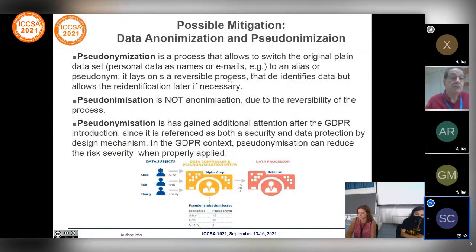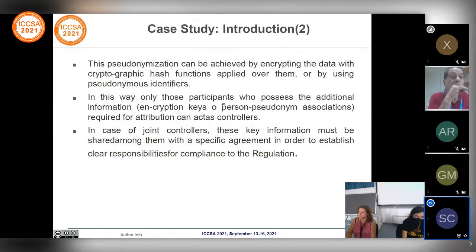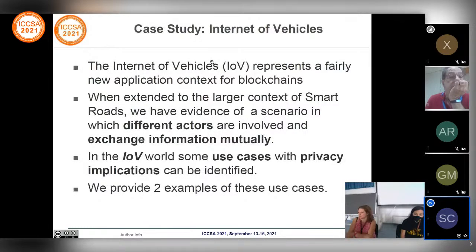In particular, we considered a case study in which we performed this experiment. Sorry, but I have to be faster in explaining this last part. The right of data erasure was introduced into blockchain by introducing cryptography.